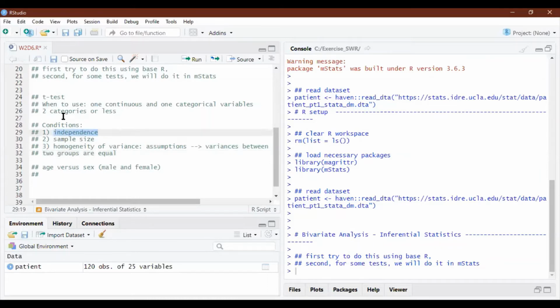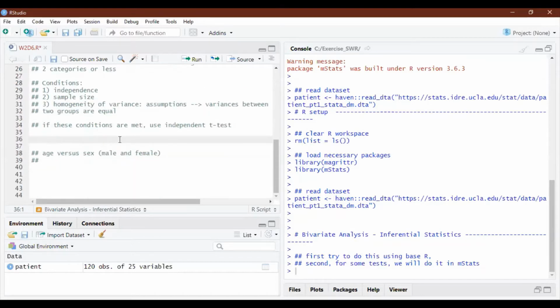If these conditions are met, what will we use? We use the independent t-test with the assumption that variances are equal.